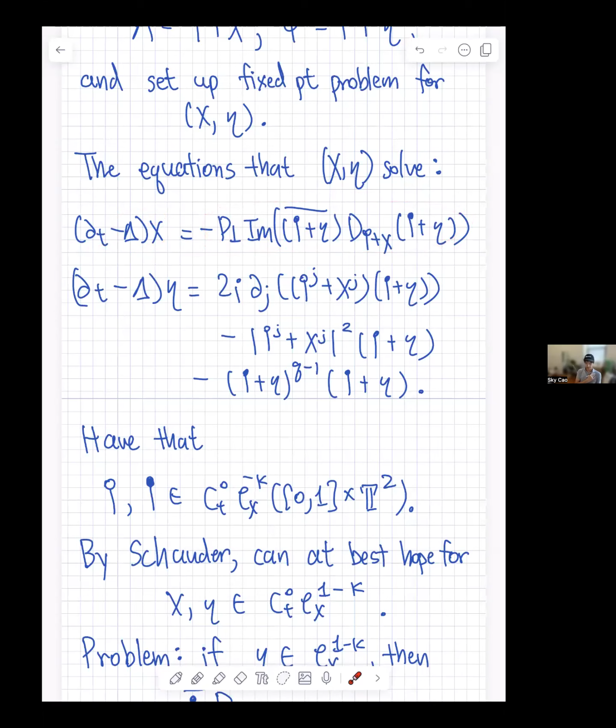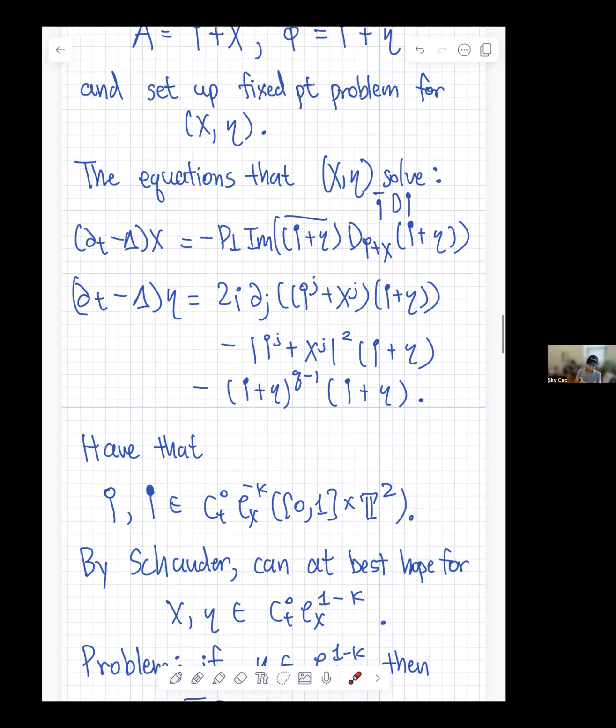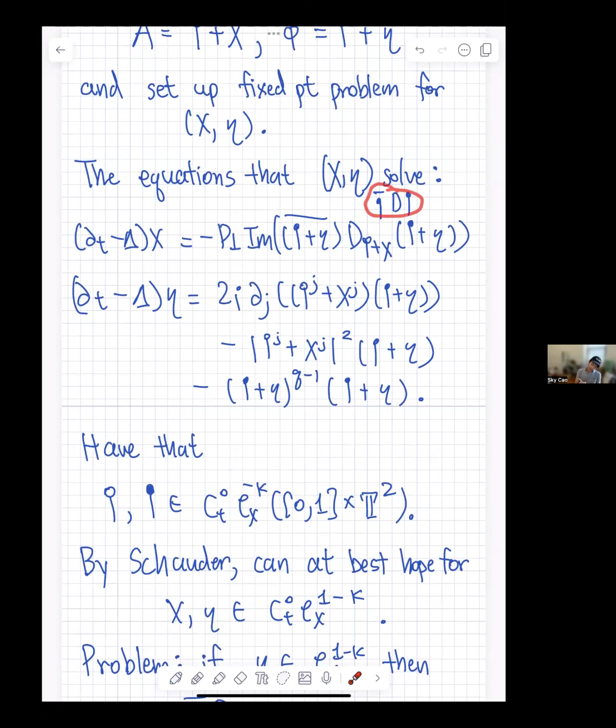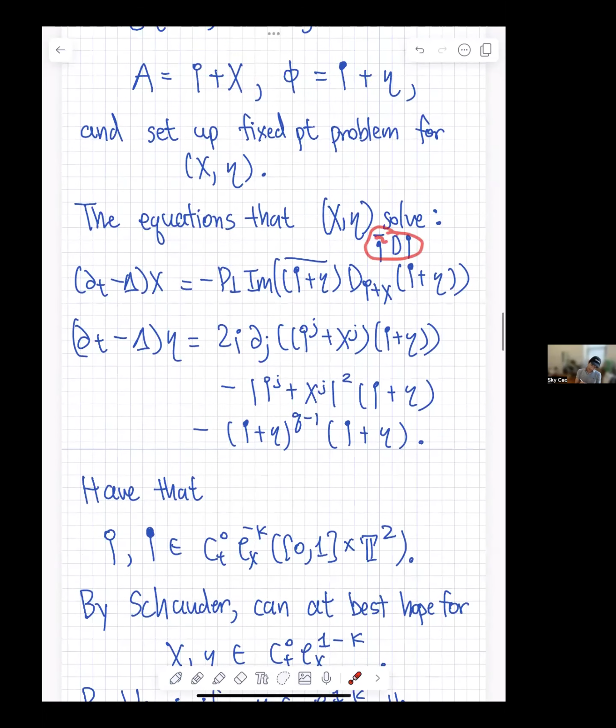And so what that means is, if I look at the right-hand side, at best, the most singular term, for instance, is this object. Okay, I'll call this the phi linear object.